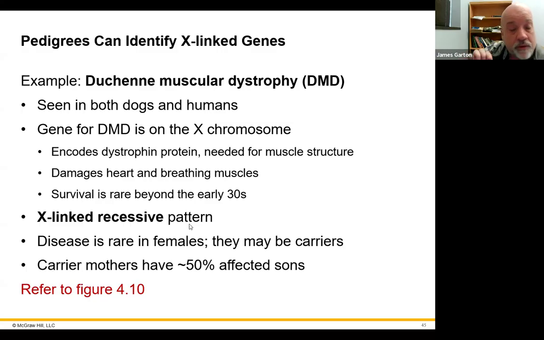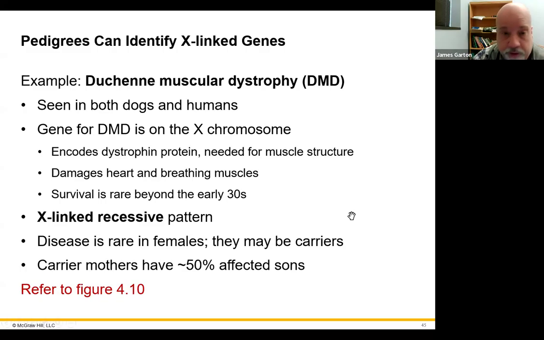However, the females might be carriers, and they themselves will show no symptoms of the disease. And furthermore, if the mother is a carrier, about 50% of all her sons will have this type of muscular dystrophy.